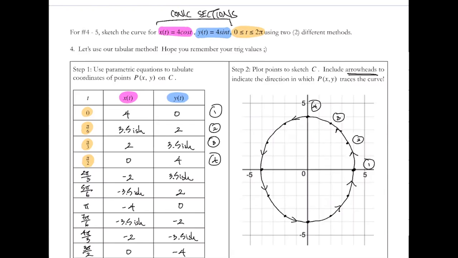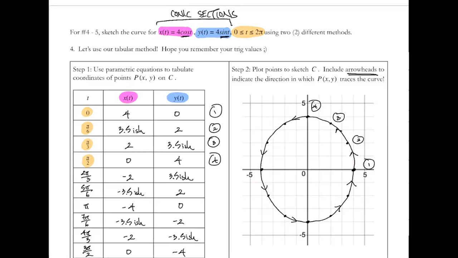What do you think might happen if I take the cosine and the sine and I just switch them? So my pink equation was 4 sine t, and my blue equation was 4 cosine t. Let me ask that question one more time.